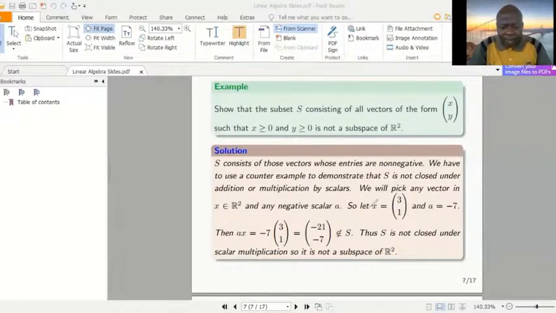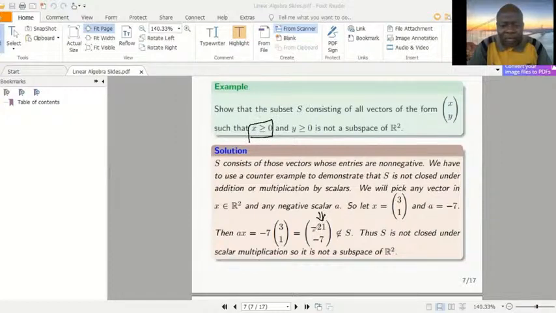So I let my vector be 3, 1, and my scalar be negative 7. What about the product of these two? It would be negative 7 times 3, 1, which would give me negative 21, negative 7. Is this new vector in S? I go to the condition that x must be greater than or equal to 0.